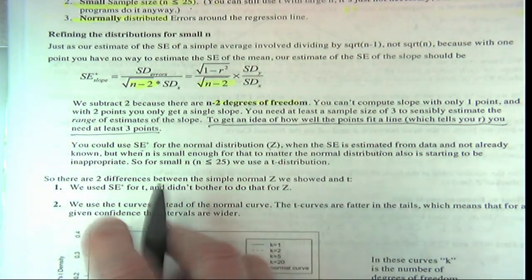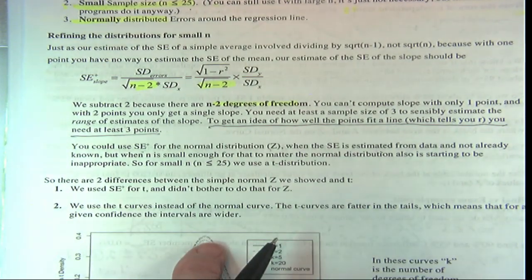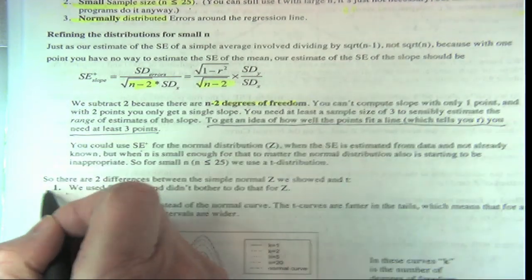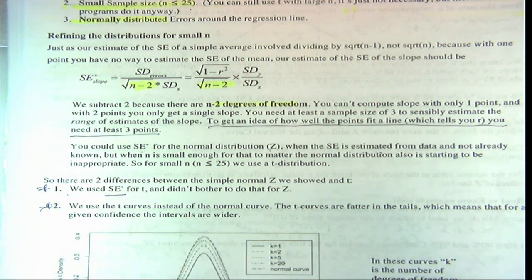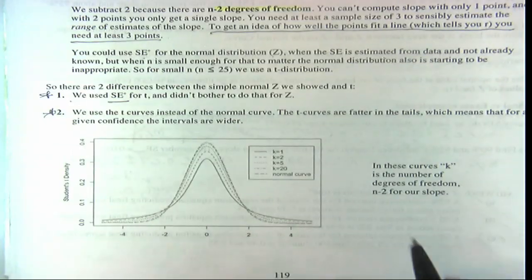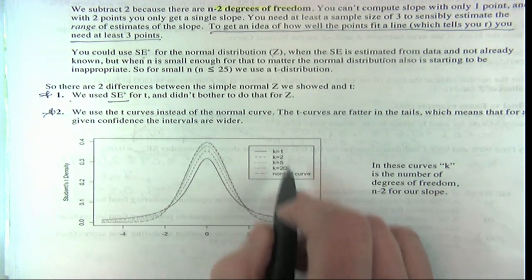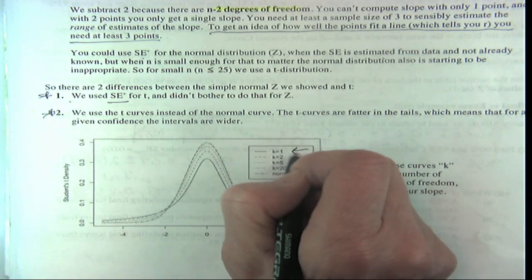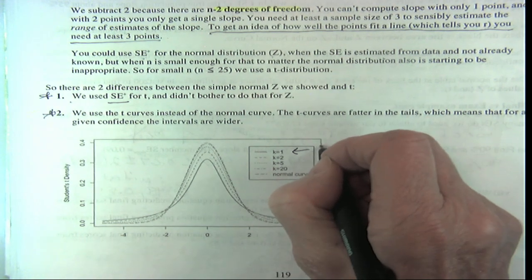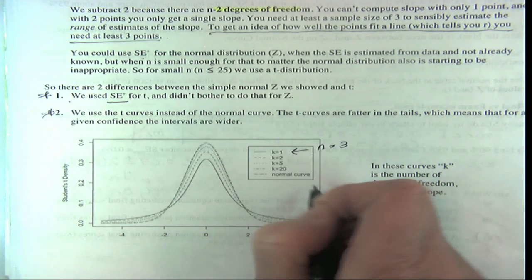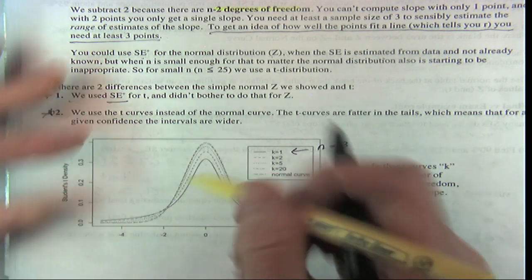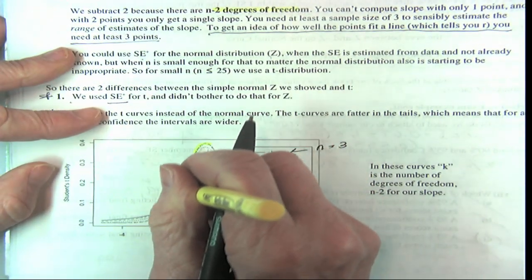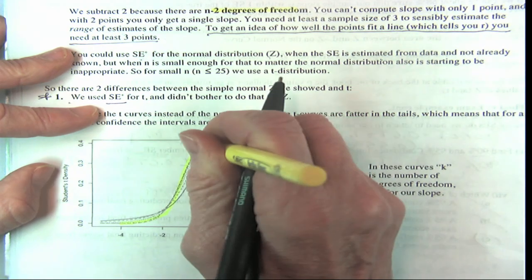So there are 2 differences here, and first we're going to use the t-curves, just like we did before. And these are the degrees of freedom. So this right here, k equals 1 degree of freedom, means n equals 3. All right, and just to remind you, the normal is this tall one way down here with the skinny tails.